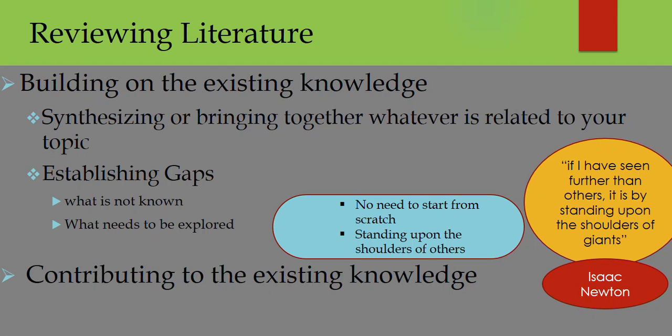That's why we review the literature. We want to find what has been done, what has been found, what has been understood, and what needs to be explored further. What are the gaps? What are the slots? The other function or purpose of reviewing literature is to contribute to the existing knowledge. So we have the existing knowledge at the level of, for example, 50%.